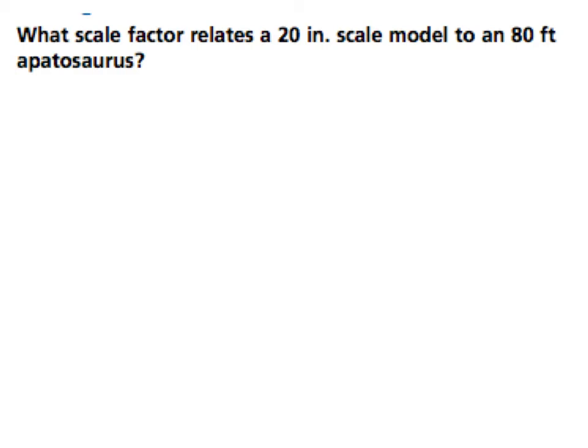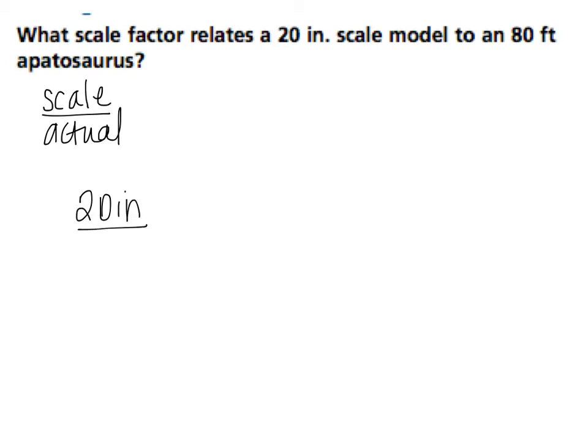Let's try something else. It says, what scale factor relates a 20-inch scale model to an 80-foot Apatosaurus? I'm assuming this is some kind of dinosaur. So just like we were doing before, we're always going to go scale over actual. So we're going to do 20 inches over 80 feet.